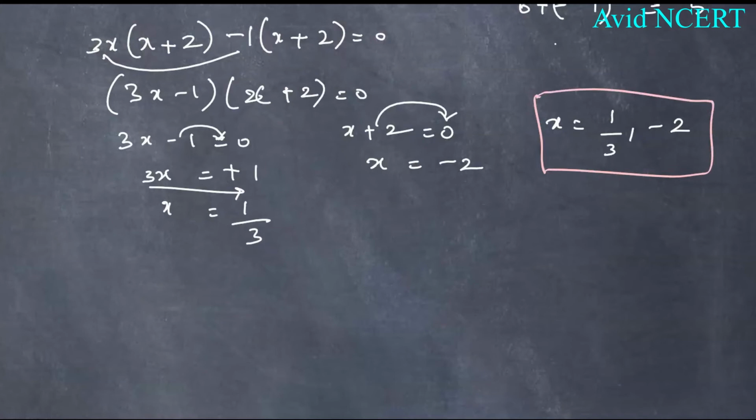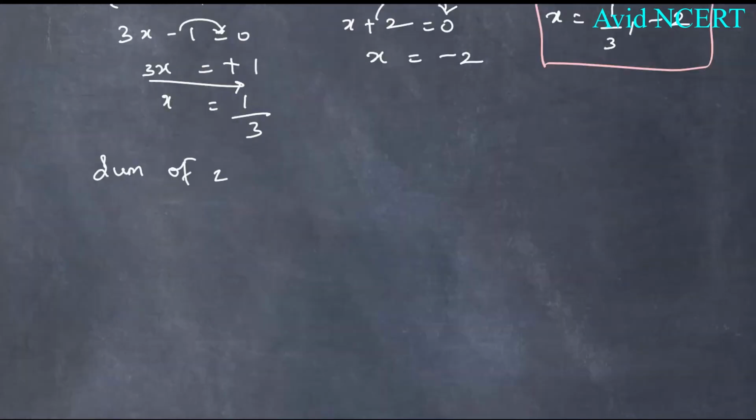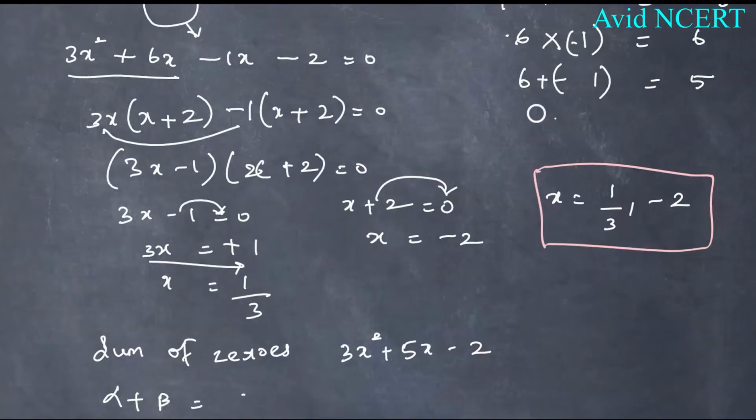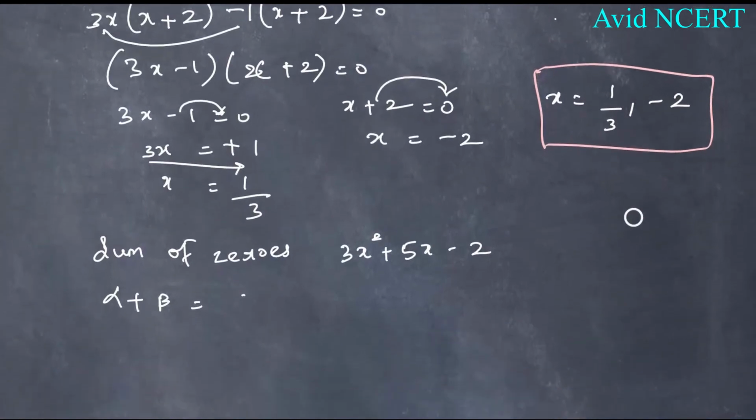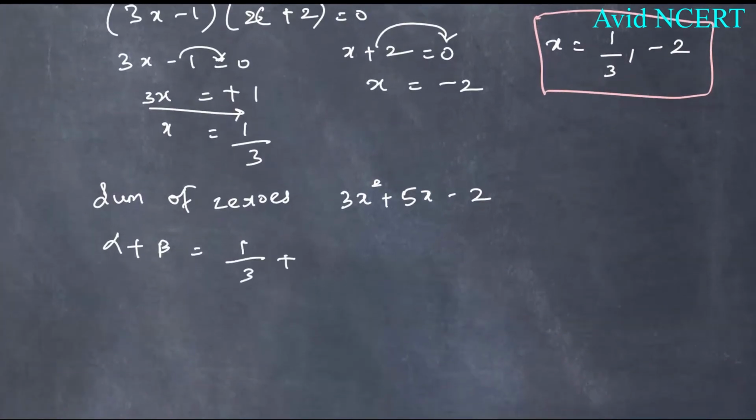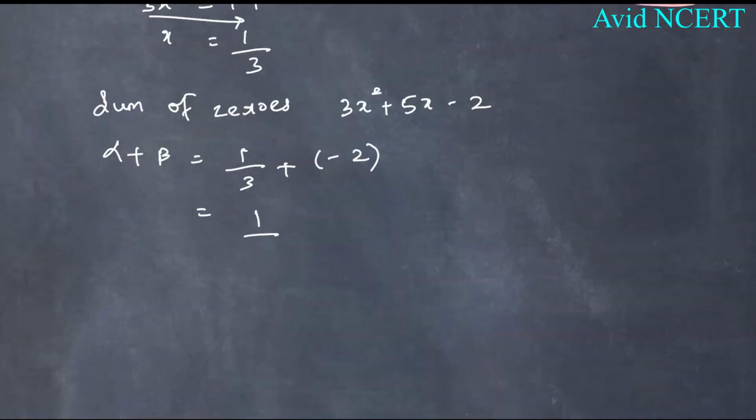Now we have to find the sum of zeros. So sum of zeros of 3x square plus 5x minus 2: alpha plus beta equals 1 by 3 plus minus 2. So when we take LCM, this is 1 by 3 minus 2 by 1.